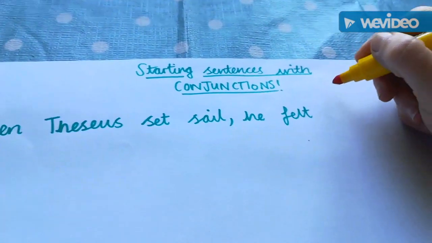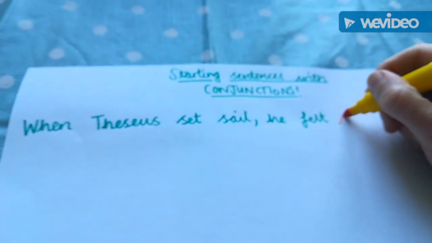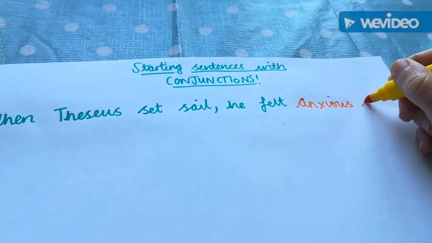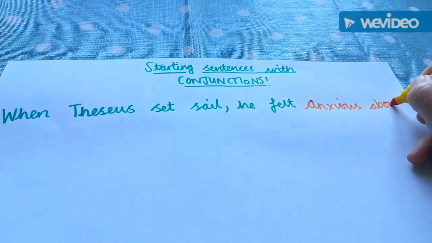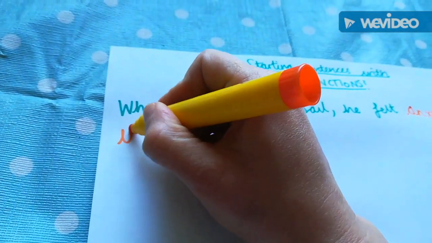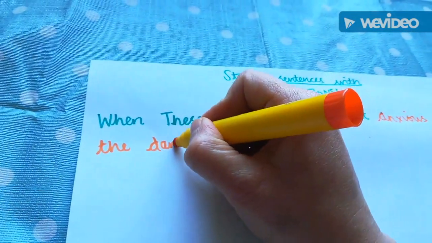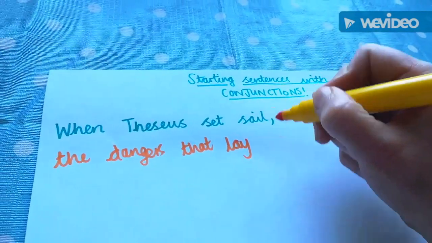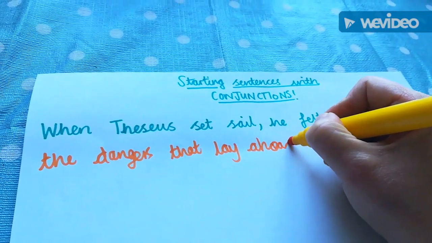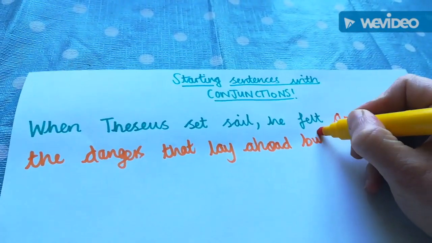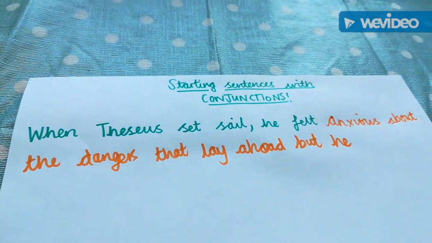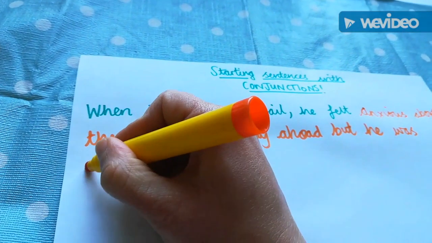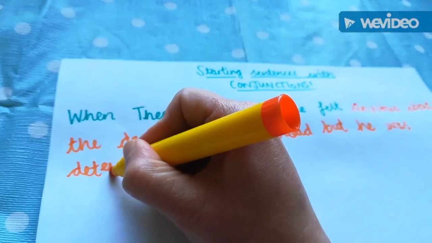So we might say he felt anxious about the dangers that lay ahead. But also maybe he was, so he felt anxious about the dangers that lay ahead, but he was determined that he could succeed.